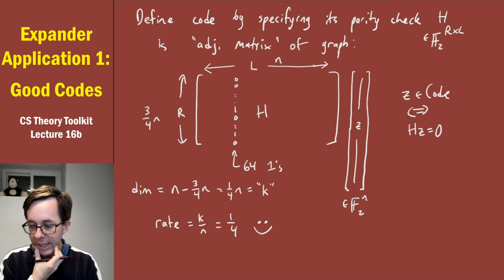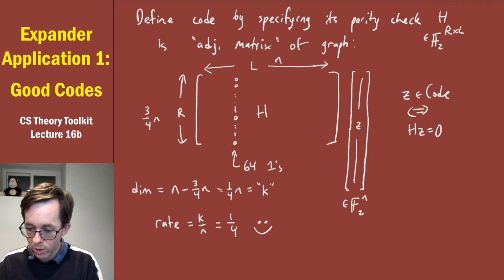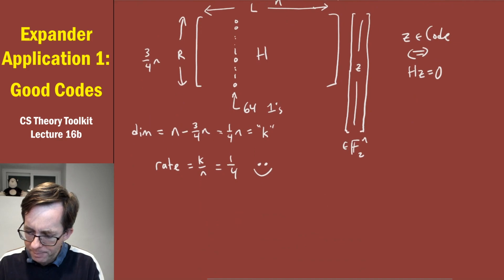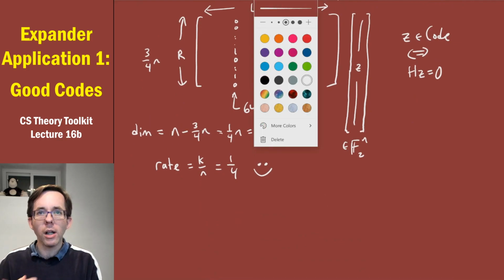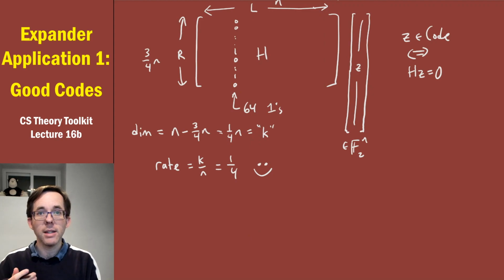And the other thing we need is a good minimum distance, which means all the code words are far apart in Hamming distance. One thing you may recall about a linear code is that there's a nice characterization of its minimum distance. It's also the minimum Hamming weight of any non-zero code word.